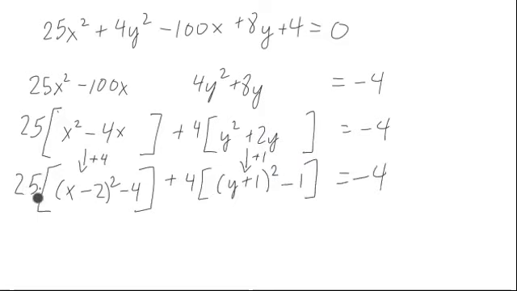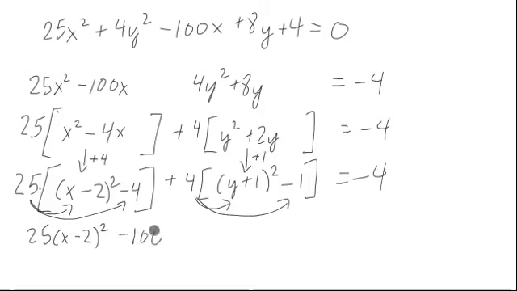We distribute this 25 into both parts here, and this 4 into both parts here. So we have 25 times x minus 2 quantity squared minus 100. Here we have plus 4 times y plus 1 quantity squared minus 4, and that's equal to negative 4.